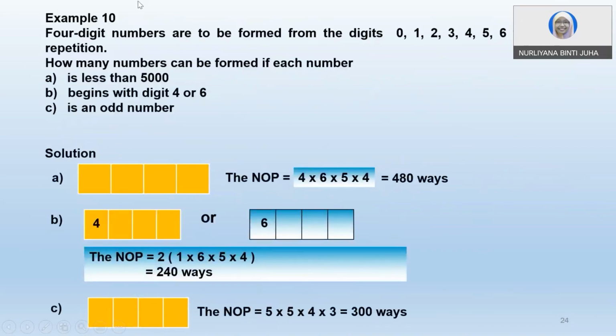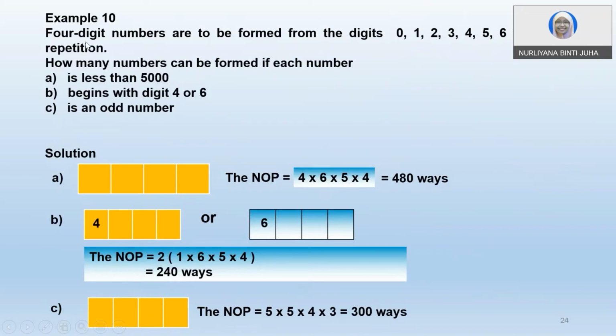And for example 10, 4-digit numbers are to be formed from the digit 0, 1, 2, 3 up until 6. So we have 7 digits dekat sini. But then out of 7 ni, you just need to form 4 digit saja. You kena bentuk 4 digit, 4 nombor daripada 7 nombor yang ini. Without repetition.